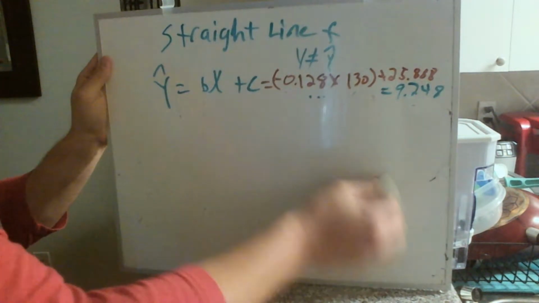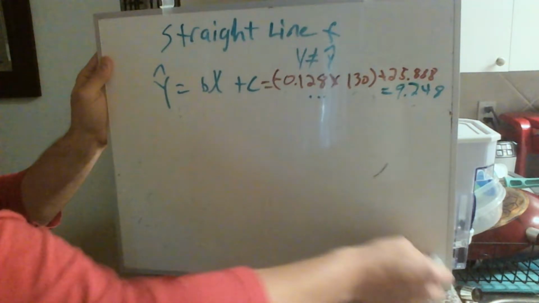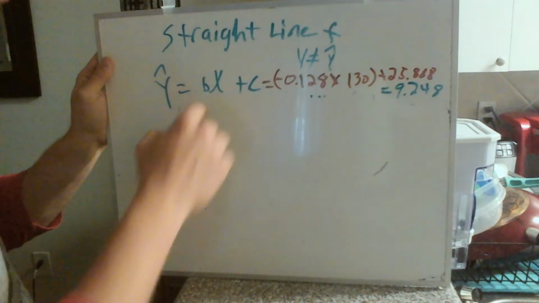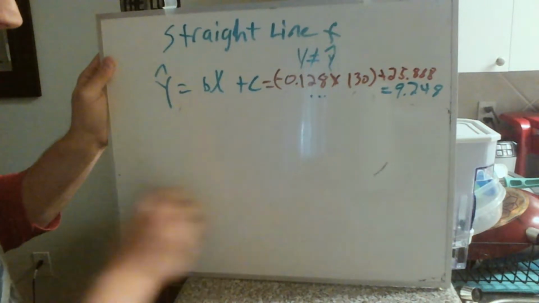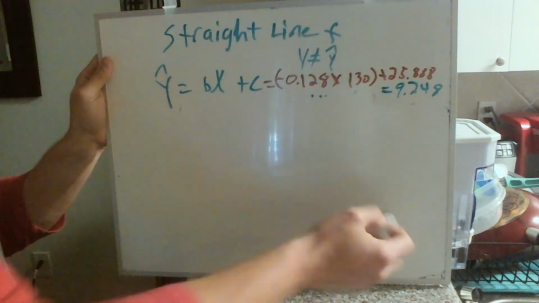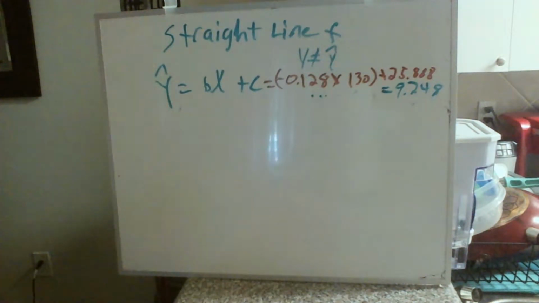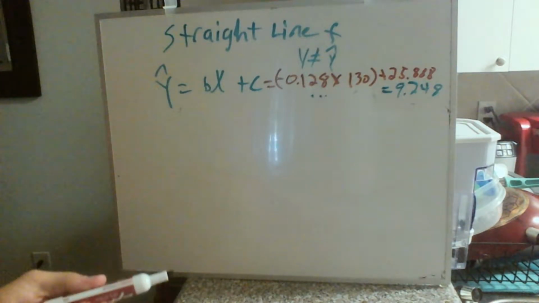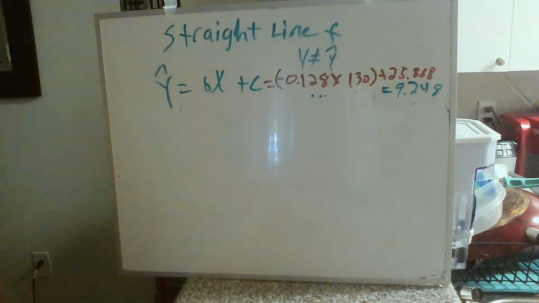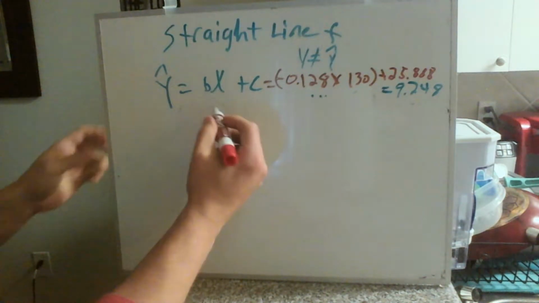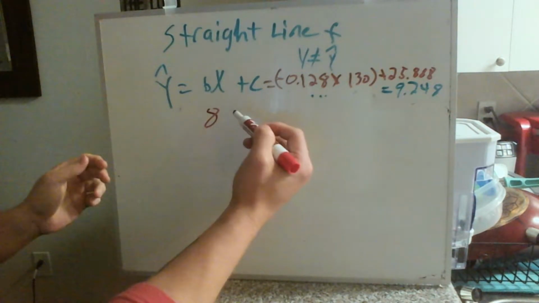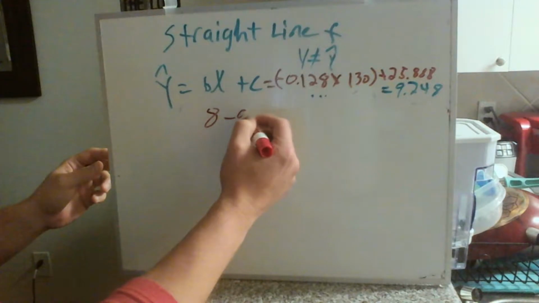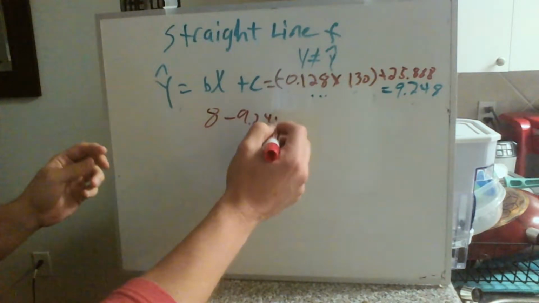And we do this with every stinking y, and you can do this with every stinking x. I just gave you one. Alright, so the 130 had a y of 8, which then again we minus that 9.248.